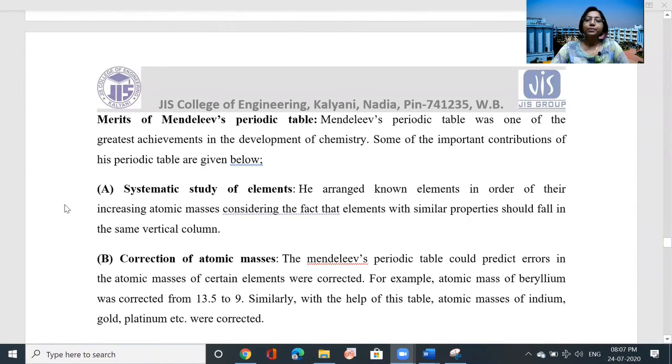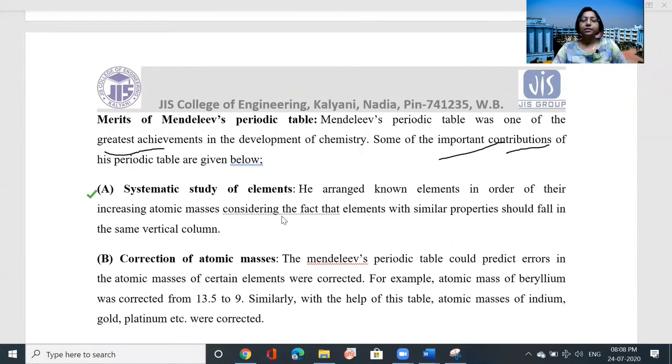So, the merits of the Mendeleev periodic table. What is the advantage of this periodic table? Mendeleev's periodic table was one of the greatest achievements in the development of chemistry. Some of the important contributions of his periodic table are given below.